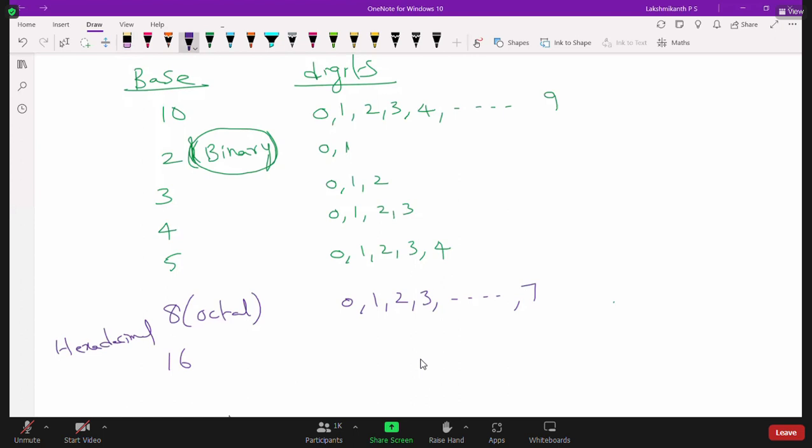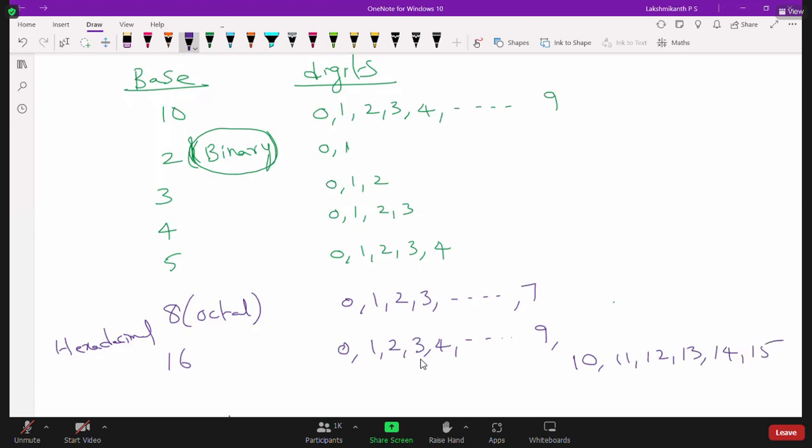Now when you divide any number by 16, what are the remainders you will get? The remainders are 0, 1, 2, 3, 4, and so on up to 9, and then 10, 11, 12, 13, 14, 15.